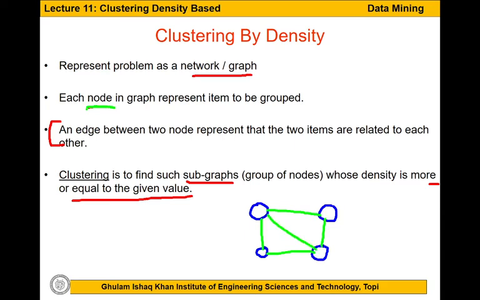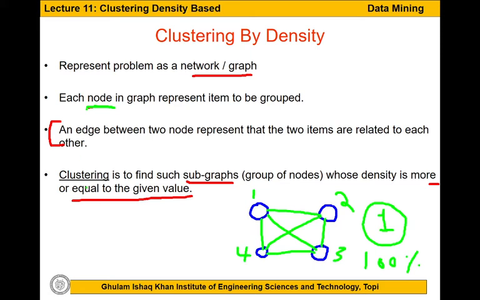So here I have made a graph where this is vertex number 1, this is vertex number 2, this is vertex number 3, and this is vertex number 4. Every vertex is connected with every other vertex directly, right? So this subgraph has density equal to 1. Later I will be showing you the formula of density, but the value of density is between 0 and 1, or it can be represented in terms of percentage as well. So the density in terms of percentage is 100%, right?